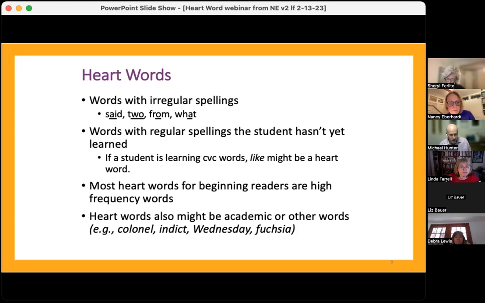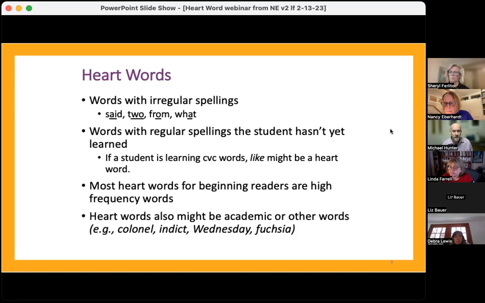For beginning readers, most heart words are going to be the high frequency words, because they'll be either irregularly spelled or ones they haven't learned the spelling pattern for yet, but they need them because they're high frequency. And finally, we could also have heart words that are those words that are tricky to spell or tricky to remember the spelling of, and that we need students to own as sight words. And we're going to teach those like heart words.